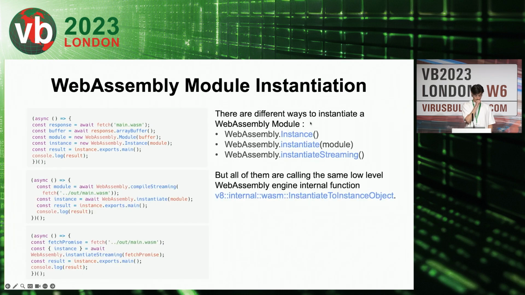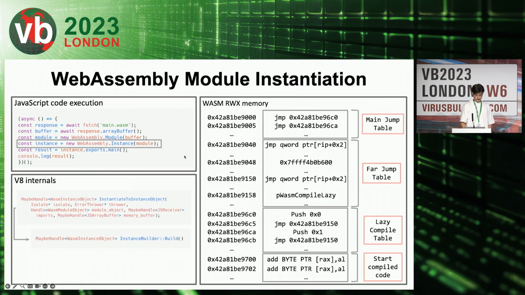Perfect. Now that we have seen the module creation, we'll talk about the module instantiation. There are a couple of ways to instantiate a module, but at the end of the day, all are calling the same low-level WebAssembly engine internal function, which is instantiate to instance object. Like I said, instantiate to instance object is executed when the instance is created from the JavaScript.